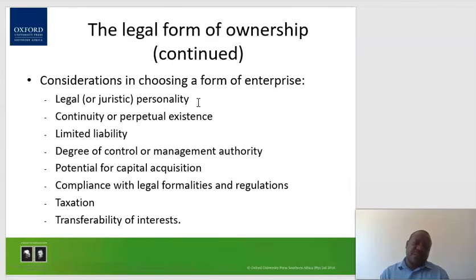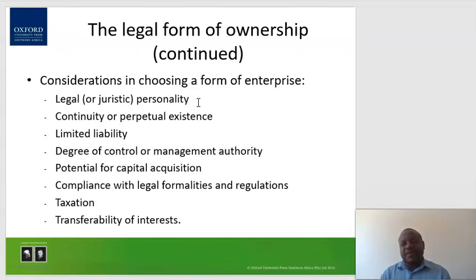So an example that I may give is that if we were to look at forms of business enterprises that do not have separate legal personality, those will be your sole proprietorship, your partnerships. They are not regarded by law as separate legal persons.